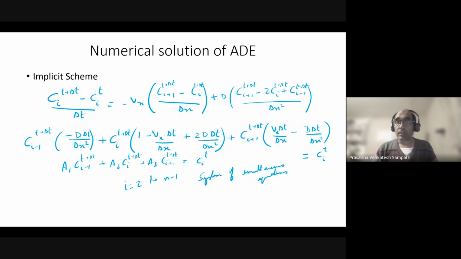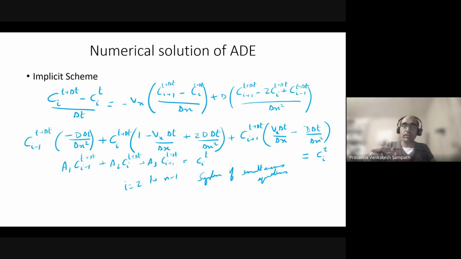For the implicit scheme, on the other hand, we write the numerical approximation of the equation in such a way that for every equation, there will be three unknowns. So Ci minus 1 is unknown, Ci is unknown, and Ci plus 1, all these values written at the t plus delta t time step, which is the next time step.